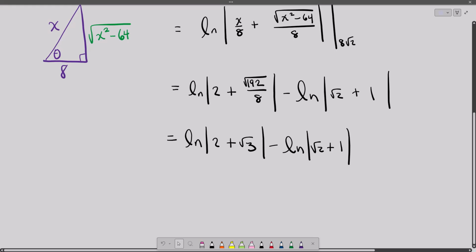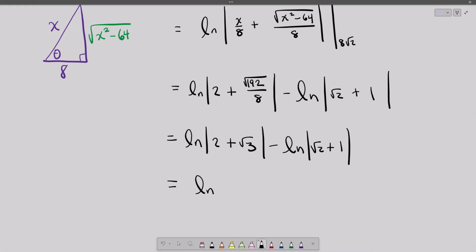Most of the time the book will give you a combination though. They're going to use a log property and write it like that. We don't need the absolute value because everything's positive.